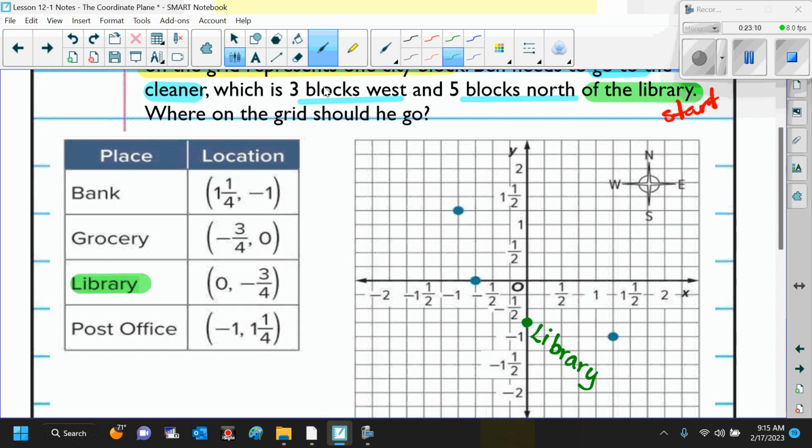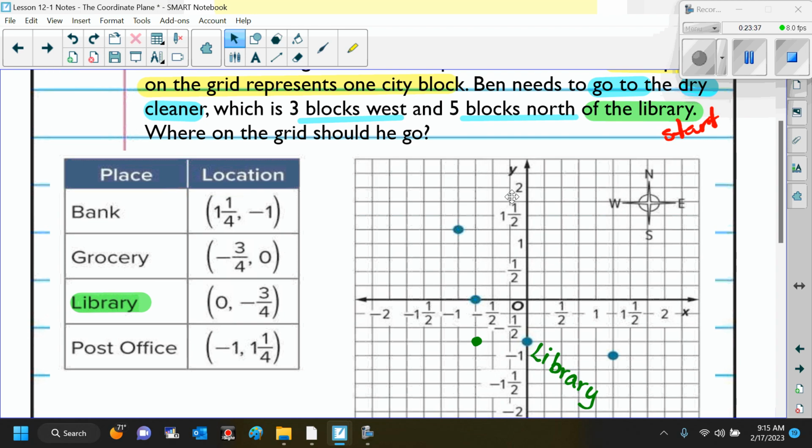So from there, he wants to go 3 blocks west. If you look at the compass rose up here, west is left. So is that going to be positive or negative? Well, let's skip that for now. So from the library, we're going to go 3 blocks west. So that's 1, 2, 3.